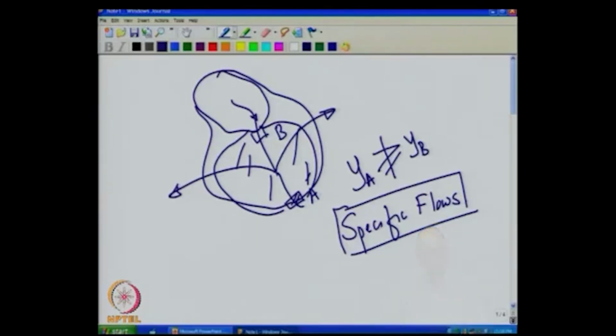If a catchment is hydrologically homogeneous, it means that the specific flow, or the flow per unit area that you get for a particular rainfall, must be the same across different sub catchments. If, let us say, sub catchment A and sub catchment B are hydrologically homogeneous, it means that the flow generation characteristics of the catchment are the same for both these catchments, and therefore, the specific flow, which is the flow per unit area, must be the same for both these catchments, and that is what we check in the consistency.